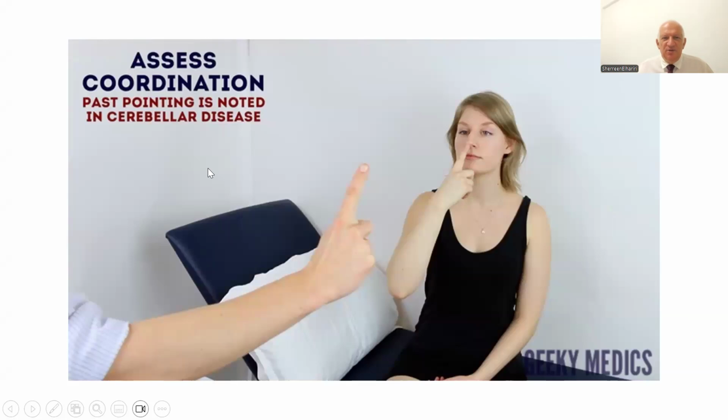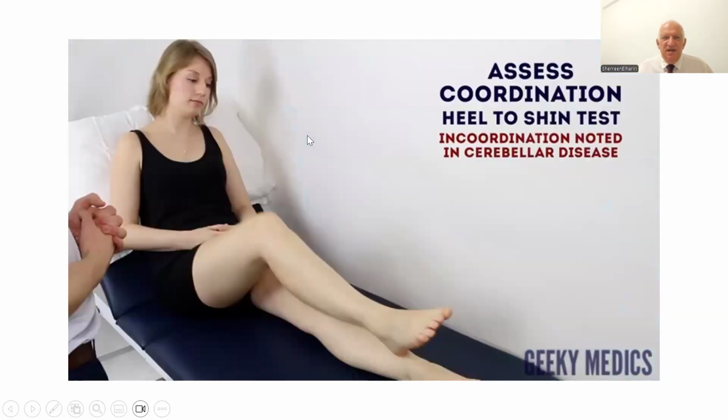After that, nose to nose or finger to nose or finger to finger for coordination. After that, heel to shin. Ask the patient, usually a short male, to move the heel from the left leg to the right leg, from heel to shin, the shin of the tibia, of course.